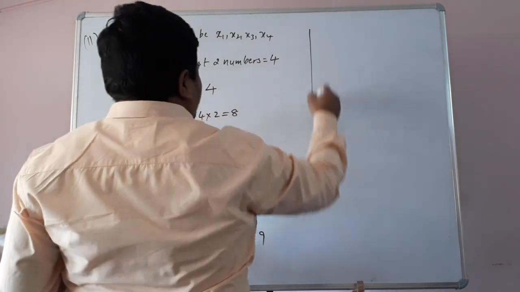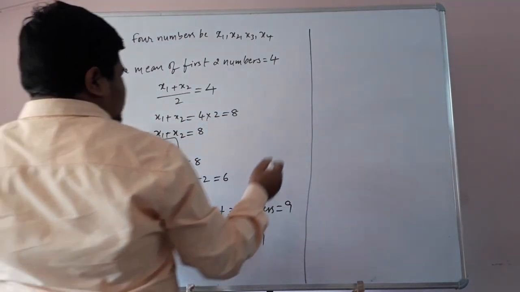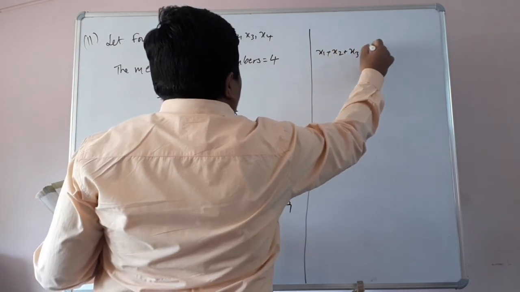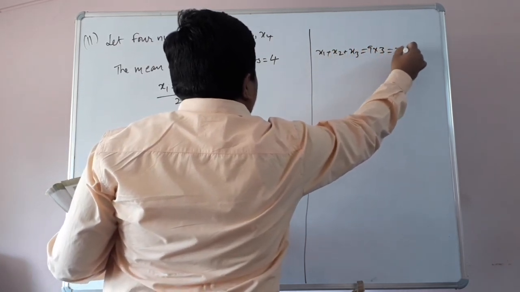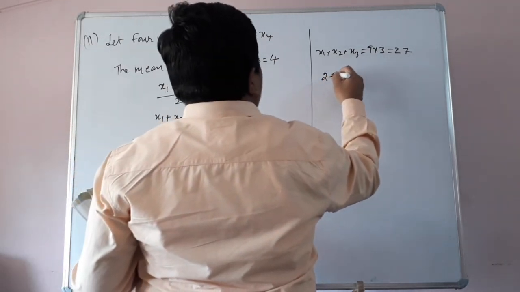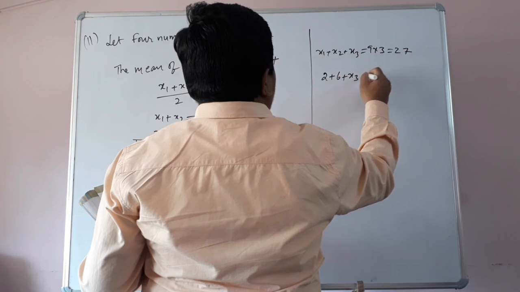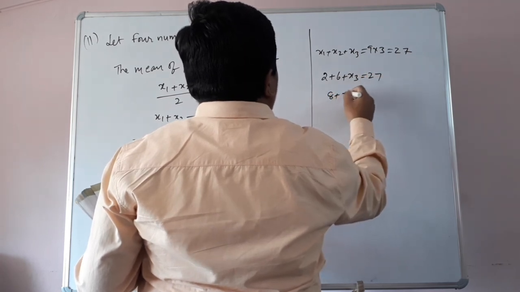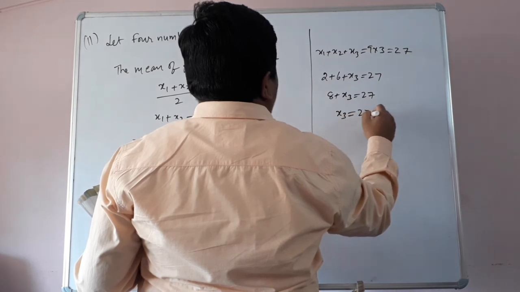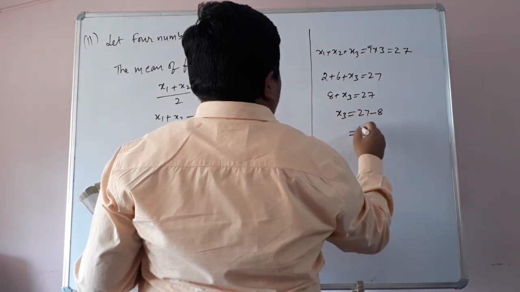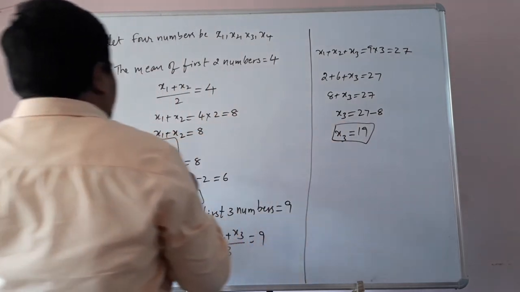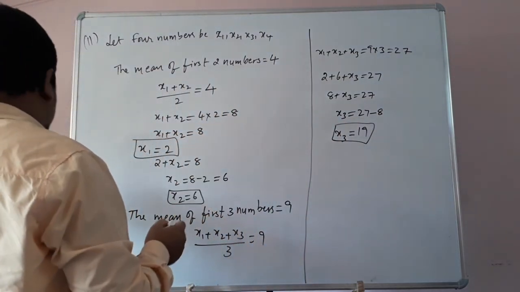By solving this, x1 plus x2 plus x3 is equal to 9 threes, which is equal to 27. So x1 is 2, x2 is 6, so 2 plus 6 plus x3 is equal to 27. 8 plus x3 is equal to 27. So x3 is equal to 27 minus 8, which gives you 19. So children, third number x3 is equal to 19.